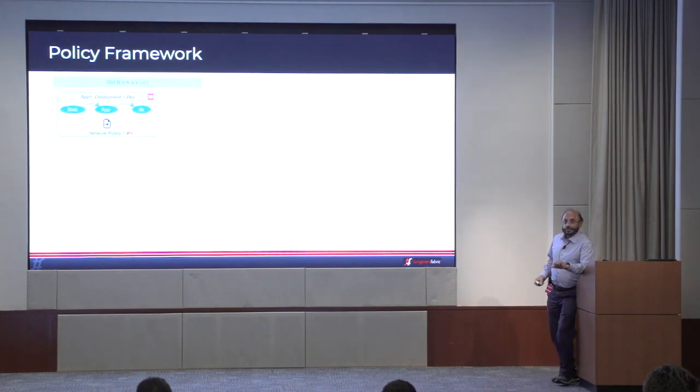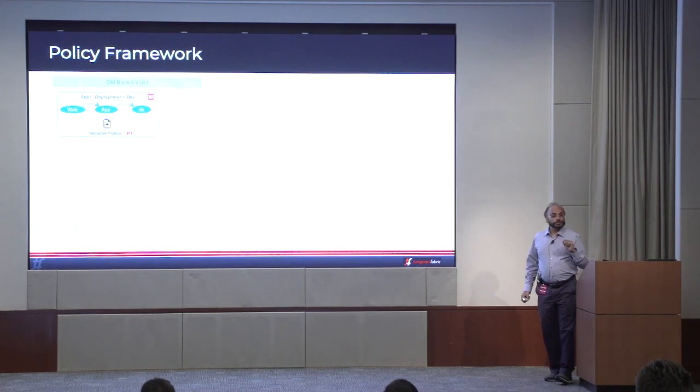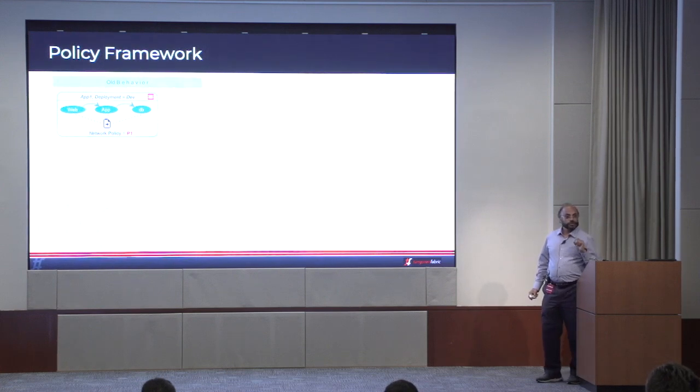Okay, so this is another thing I'm going to talk about. This is another very powerful feature of Tungsten Fabric: the policy framework. So far, I kind of danced around it, that you create these networks and you specify the policies and all that. So I'm going to give you an idea of how powerful the policy framework is. Here is an example.